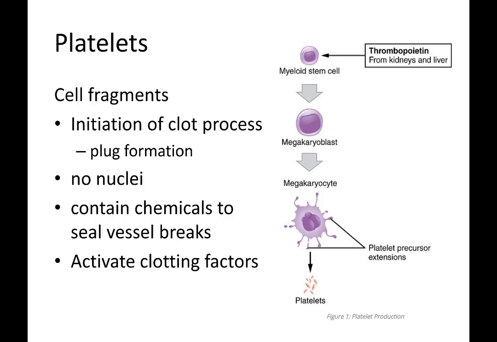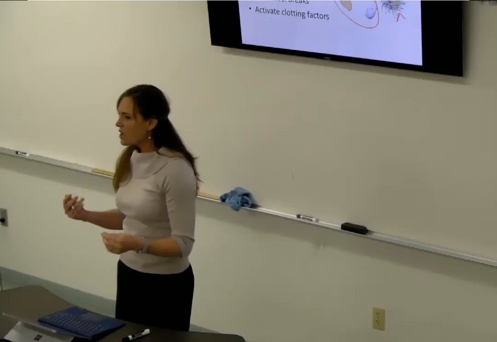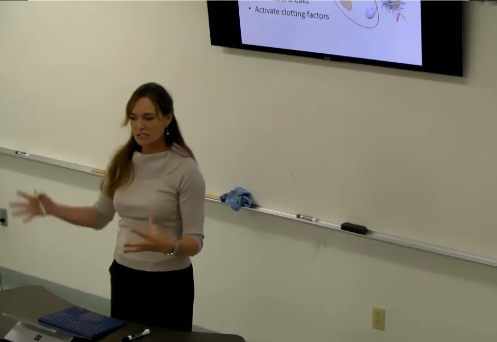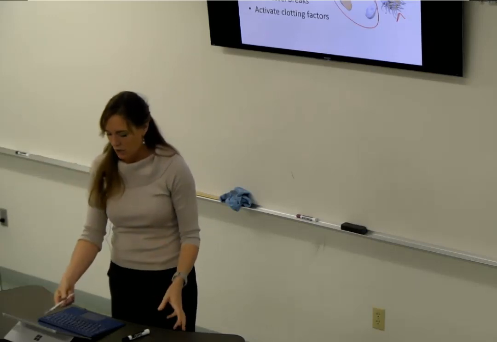They are smooth when they're normal. But if they've been activated by something, they get all spiny and sticky. When they're spiny and sticky, you can see how they would be sticking to more. It's like a dog pile is going to occur.